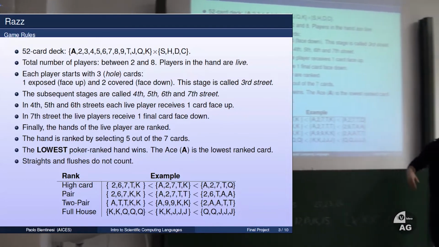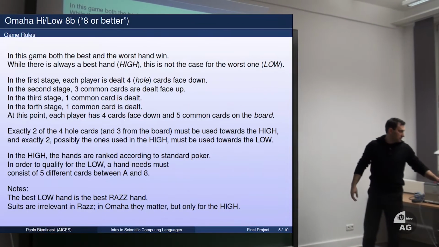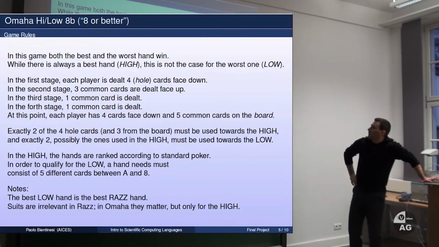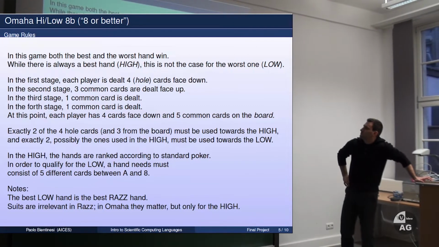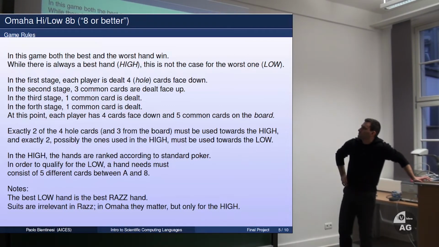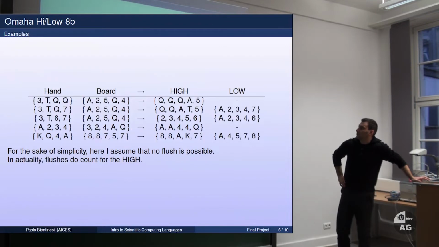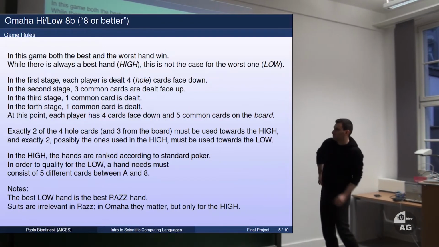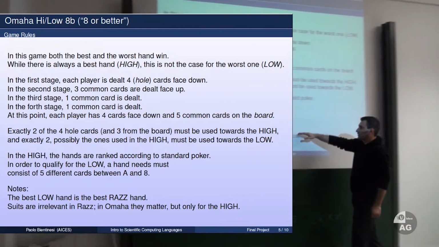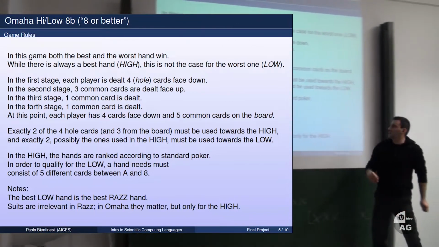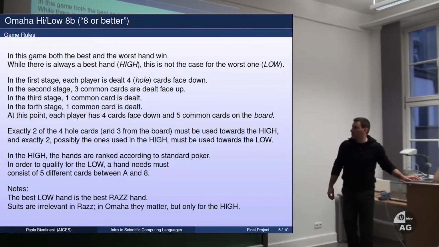No, wait, this is RAZZ. But the low is according to the RAZZ rules. Yeah, exactly. The low is according to the RAZZ rules. That's why. Maybe I should make it more clear. Yeah, but that doesn't mean that the flushes do not count. I should maybe make it more clear.